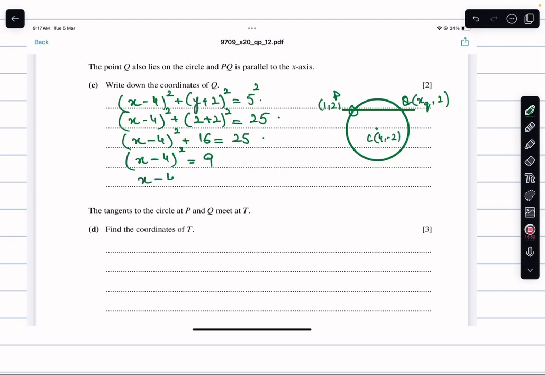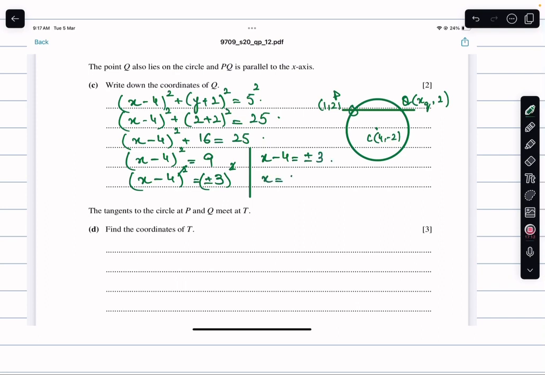I can say that (x minus 4) squared equals 9, or x minus 4 equals plus or minus 3, as the square gets eliminated.